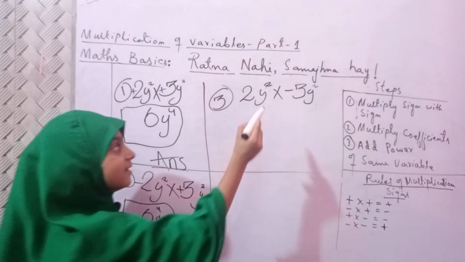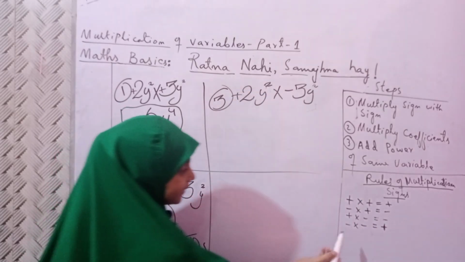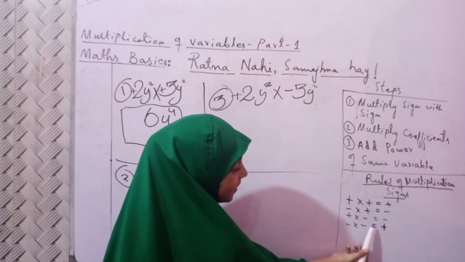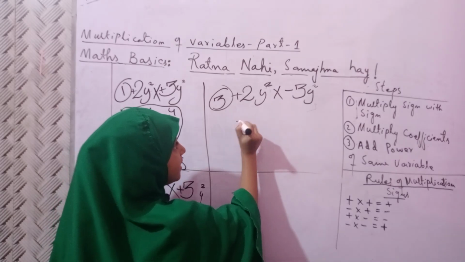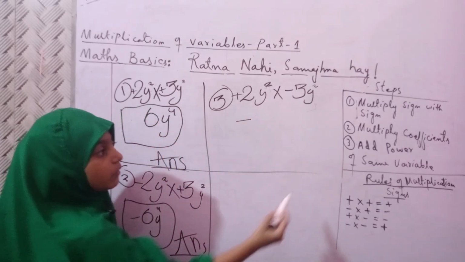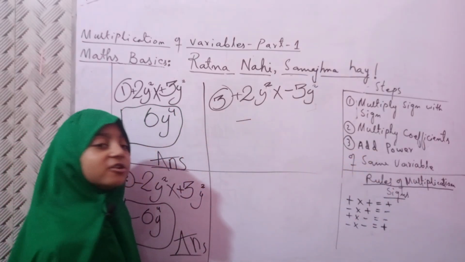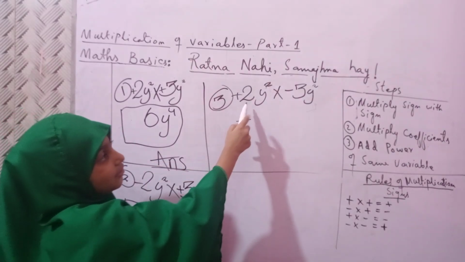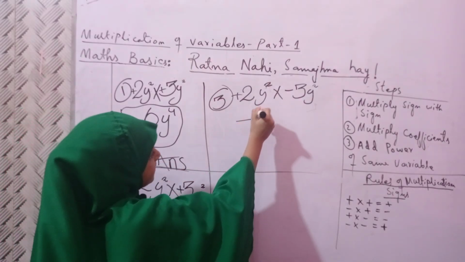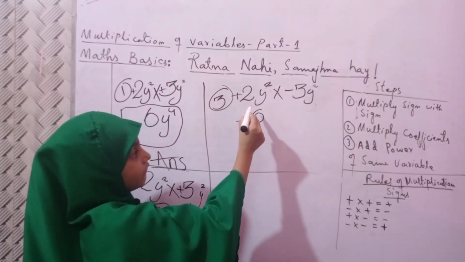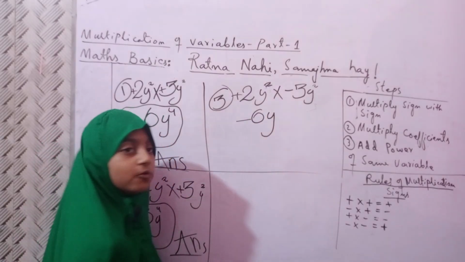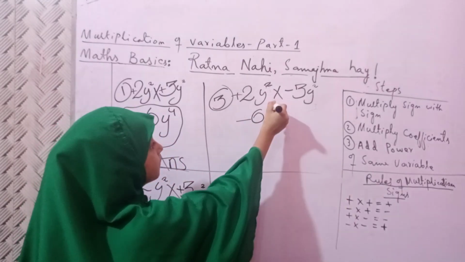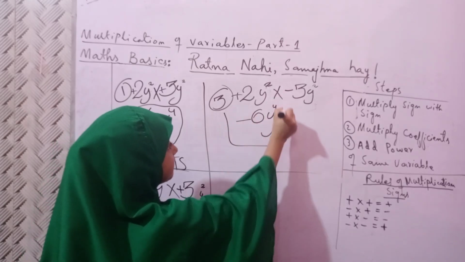You know, plus is hidden here. Now, see, plus multiplied by minus is equal to minus, and minus will come here. And now, multiply coefficients. 2 3s are 6. y multiplied by y is equal to y, and 2 plus 2 is equal to 4. It is our answer.